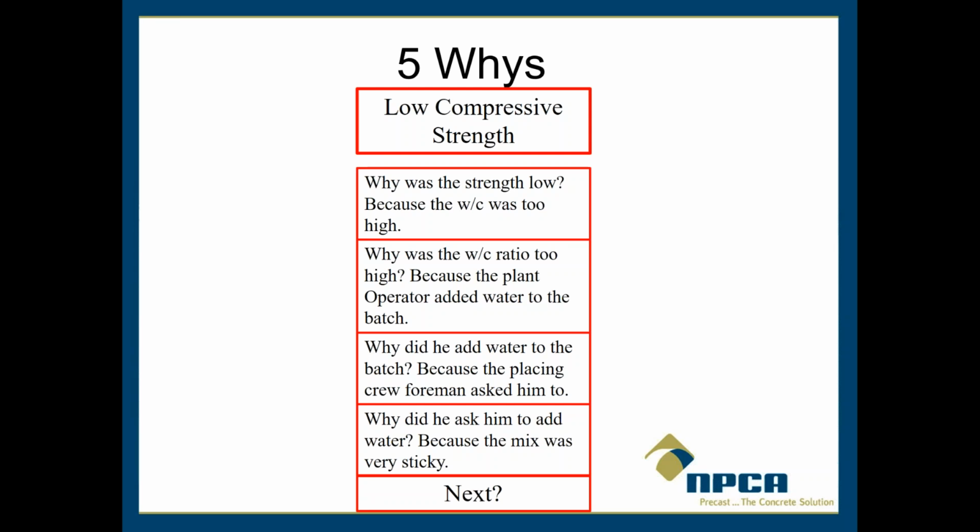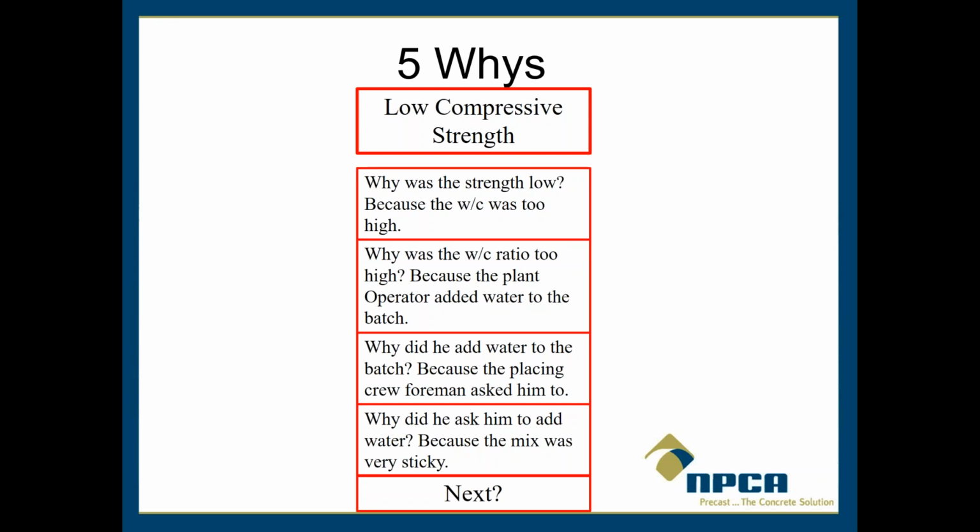I think I would go beyond that and say, why did the placing foreman think it was okay to add water to the mix? Why did the batch guy think it was okay to add water to the mix? And then you can get into the whole point of what could I do to this mix besides add water to make it less sticky? Because sticky concrete is no fun to place.